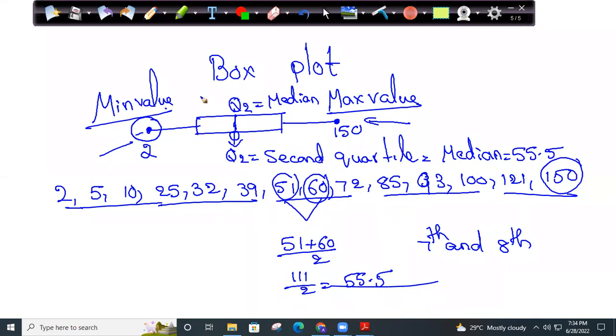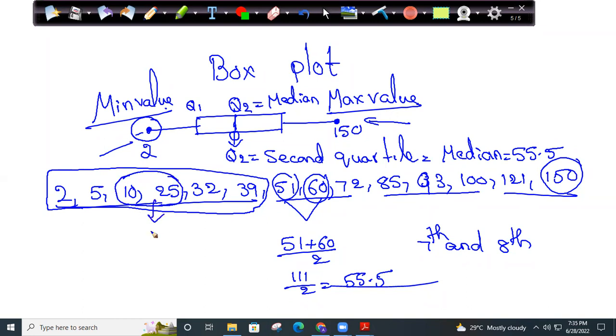Now what does this represent? The first quartile. What is the first quartile? Try to find the median of this lower half of the data. There are 6 numbers, which means the third and fourth terms. The mid value of the third and fourth is 10 plus 25 by 2, which is 35 by 2, which is 17.5.